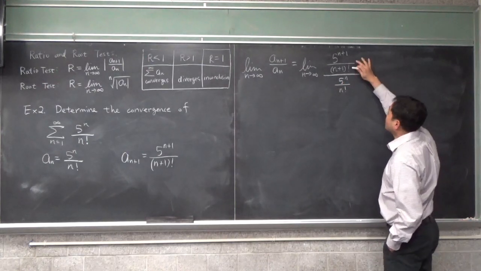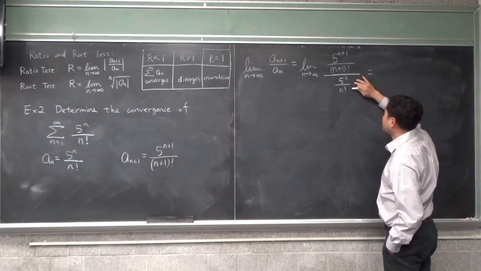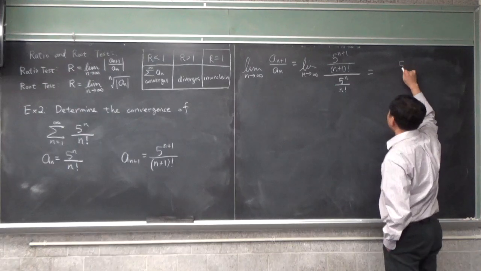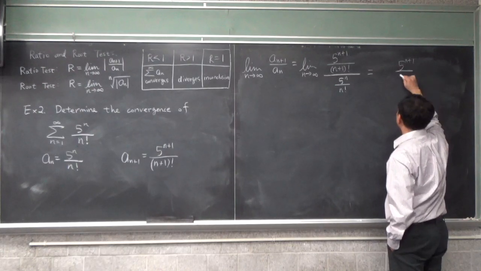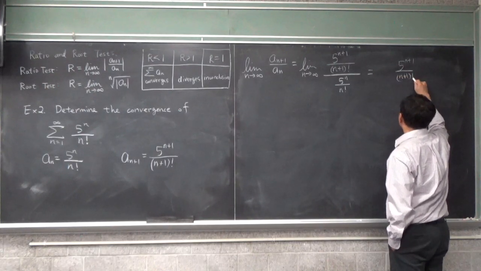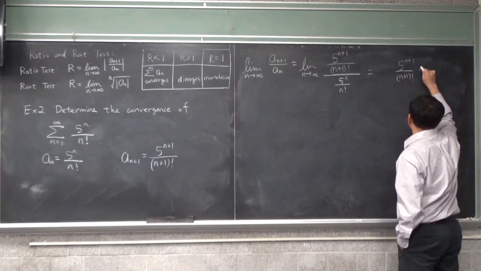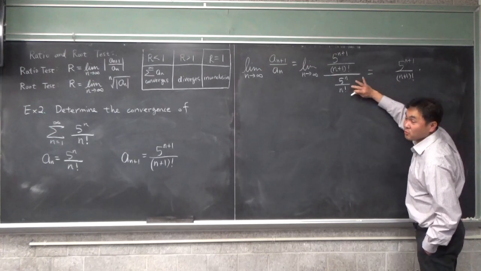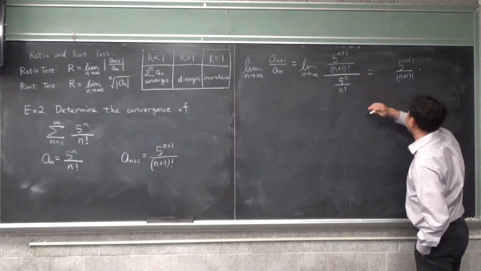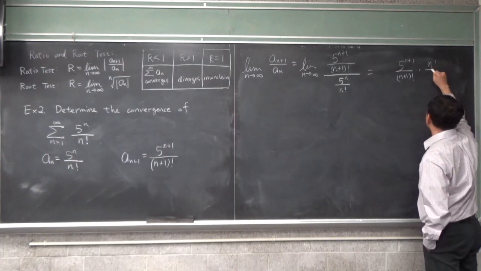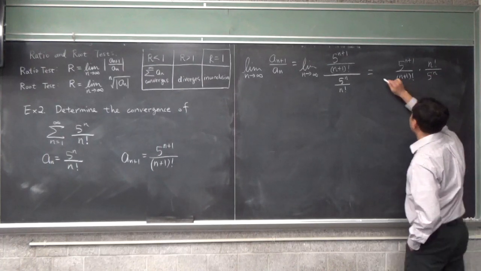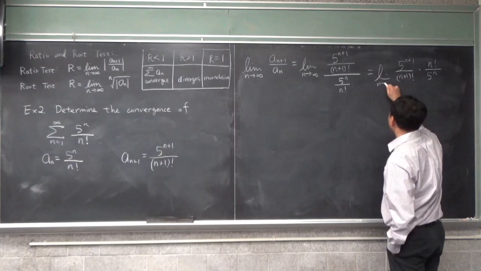Now, you have a fraction divided by a fraction. You keep the top, change the division into multiplication, and you flip the bottom. So it's keep, change, flip. And you have to take n to infinity.